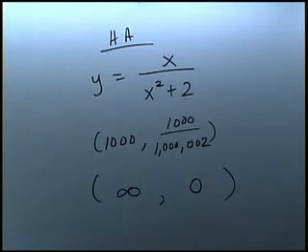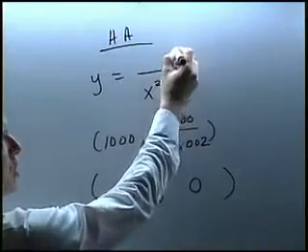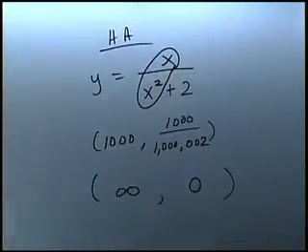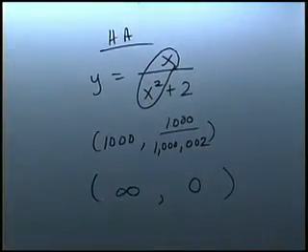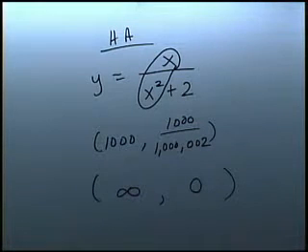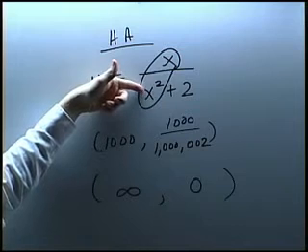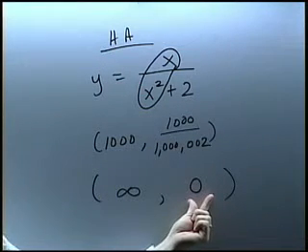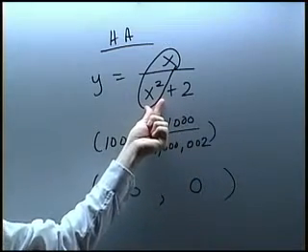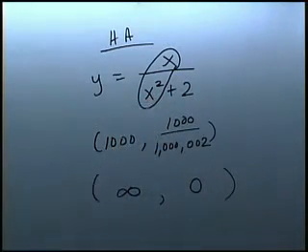All right. Now, if we look at the strongest terms again, like I tried to do on the first example, x is the strongest term in the numerator, x squared is the strongest term in the denominator. Where is the strength? Well, the denominator is stronger, isn't it? If the denominator is stronger, your asymptote will always be going towards 0 because you'll always be dividing by a bigger number. So that's another little clue.